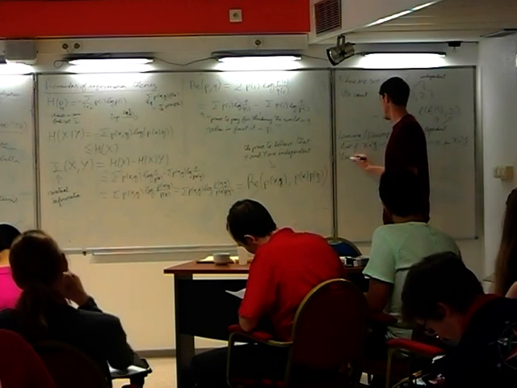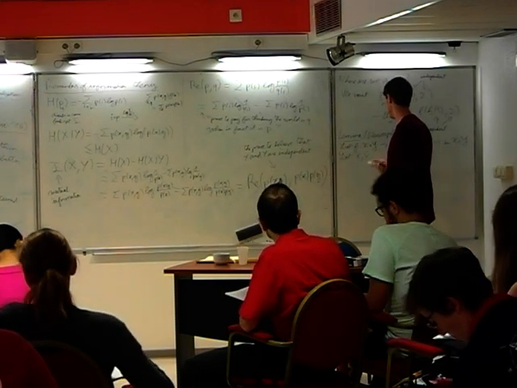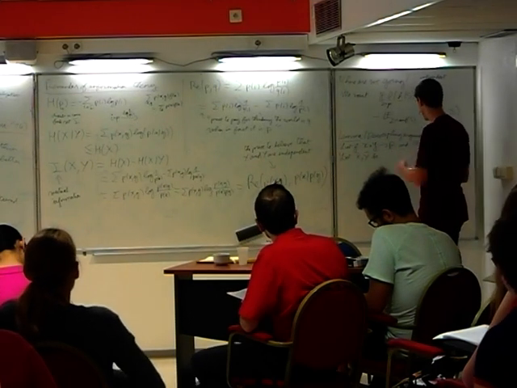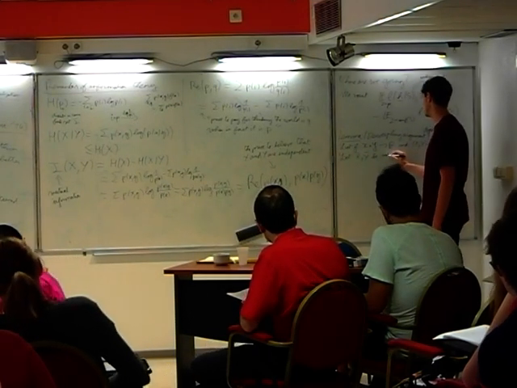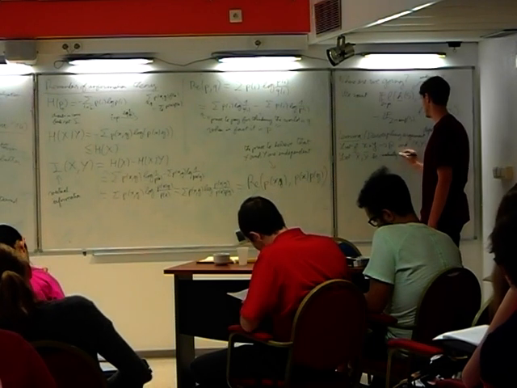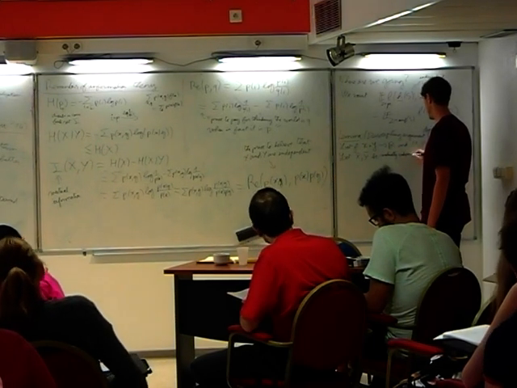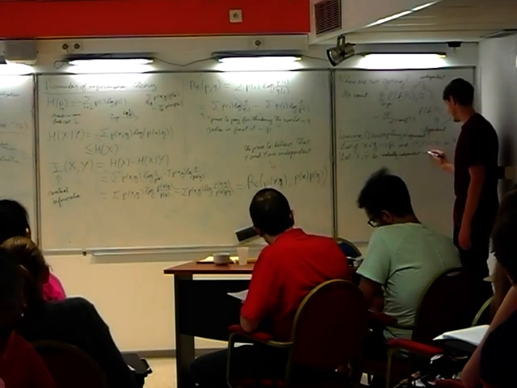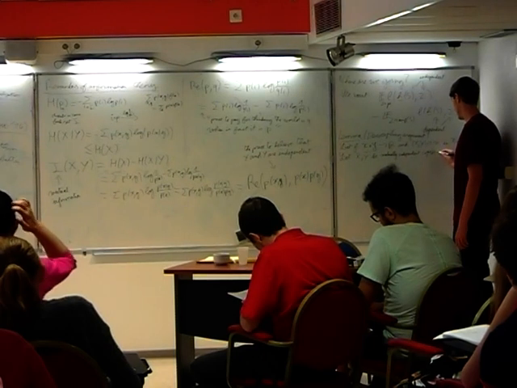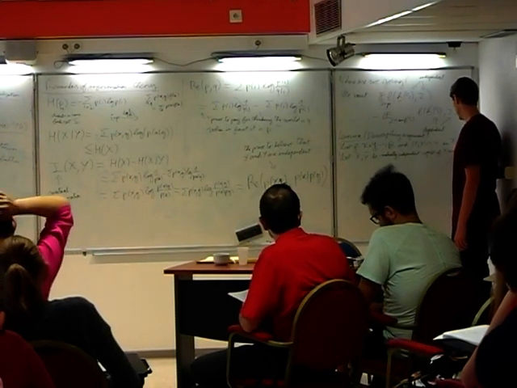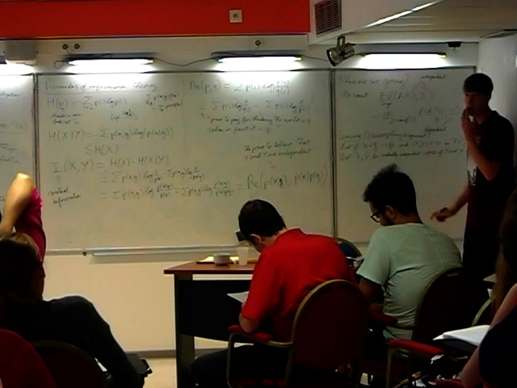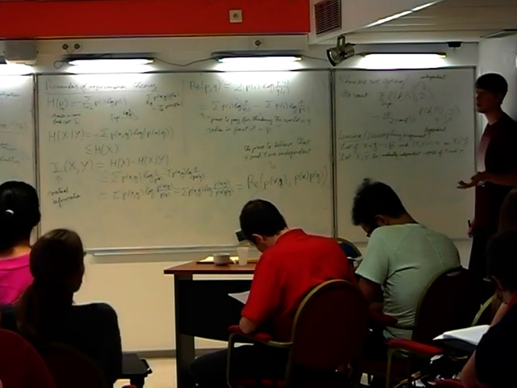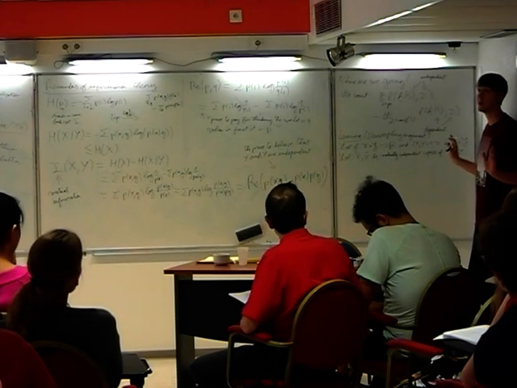Let x bar, y bar be two mutually independent copies of x, y. So x bar is independent of y bar, and they are copies of x and y. x bar has the same distribution as x, y bar has the same distribution as y, but x bar and y bar are independent.